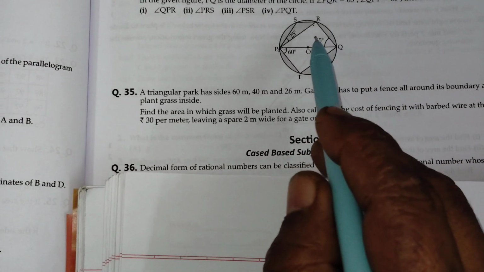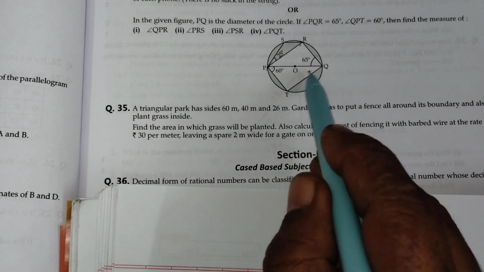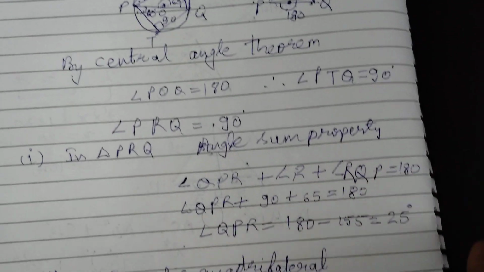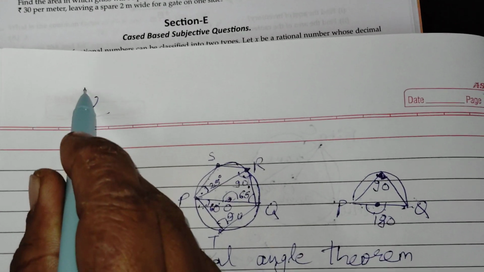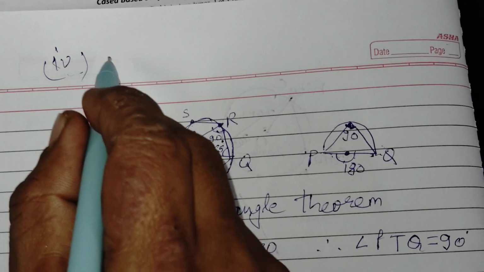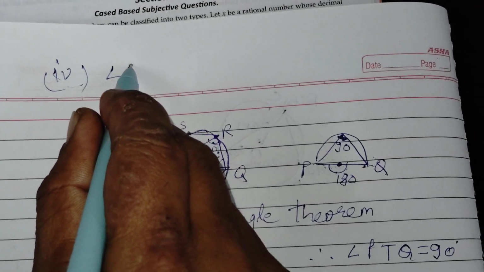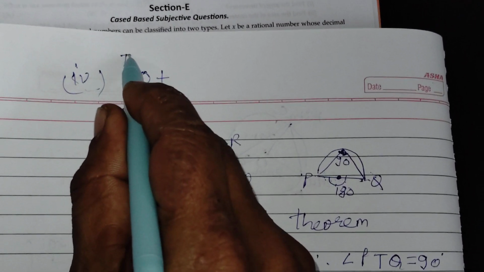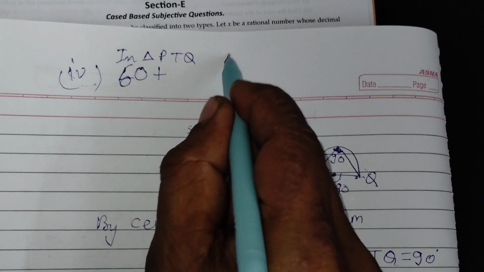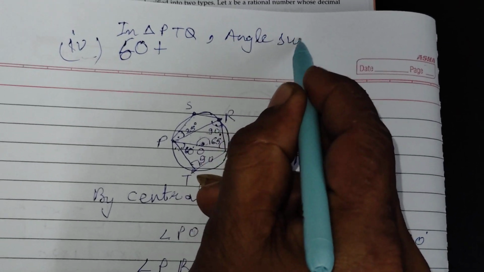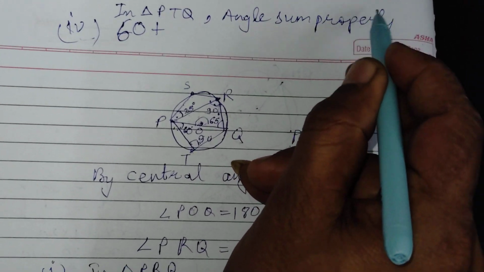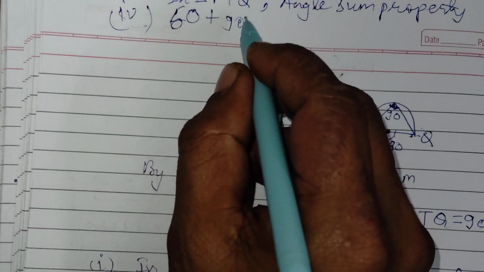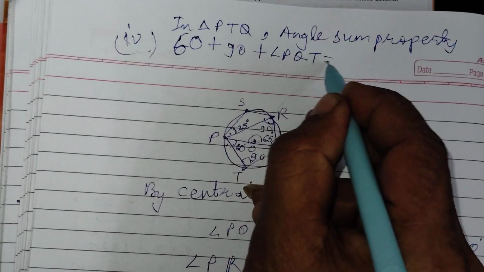Since angle T is 90 degrees and angle P is 60 degrees, angle Q can be easily found. Using the angle sum property in triangle PTQ: 60 degrees plus 90 degrees plus angle PQT equals 180 degrees.